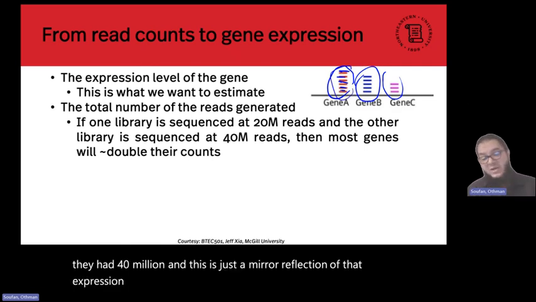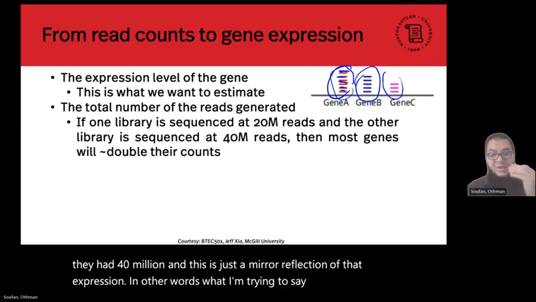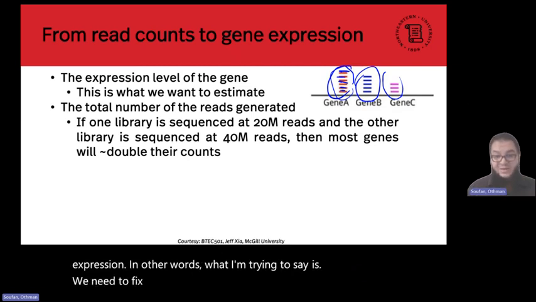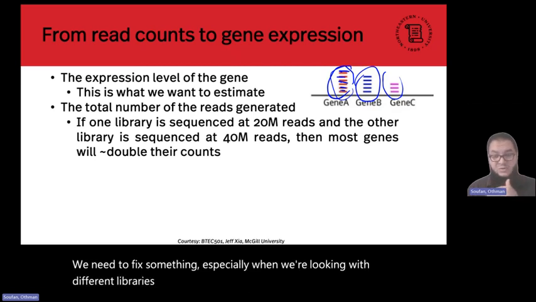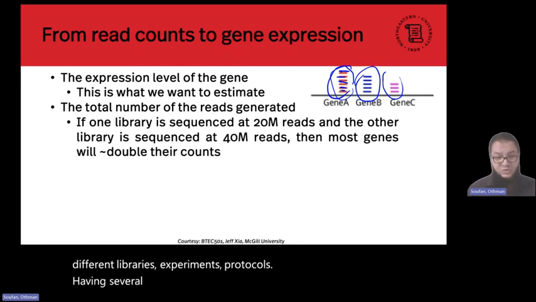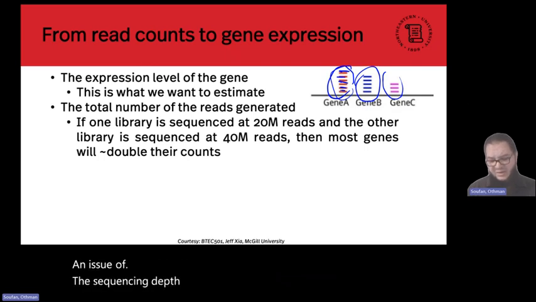In other words, we need to fix something, especially when we are looking at different libraries, experiments, and protocols. Having several experiments could raise an issue of sequencing depth, and sometimes there is what we call batch effect.